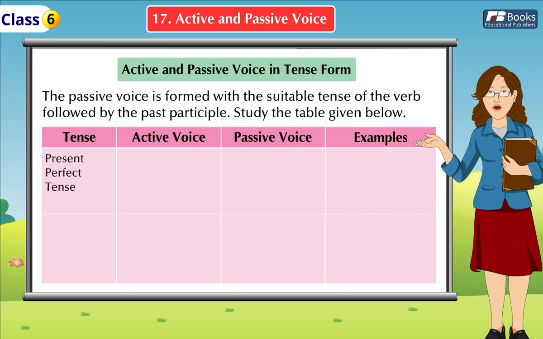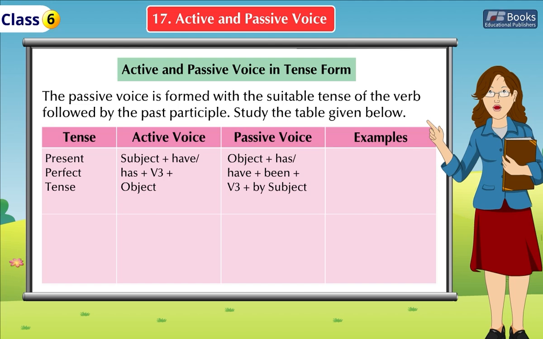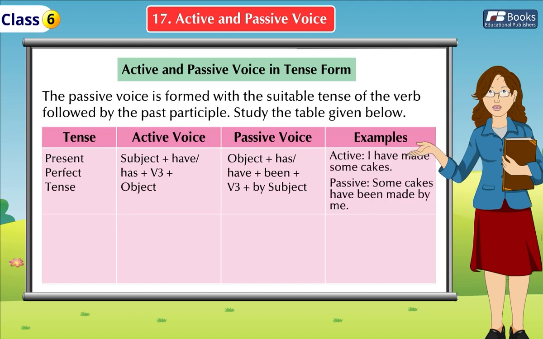Tense: present perfect tense. Active voice: subject plus have, has plus verb third form plus object. Passive voice: object plus has, have plus been plus verb third form plus by subject. Examples. Active: I have made some cakes. Passive: Some cakes have been made by me.